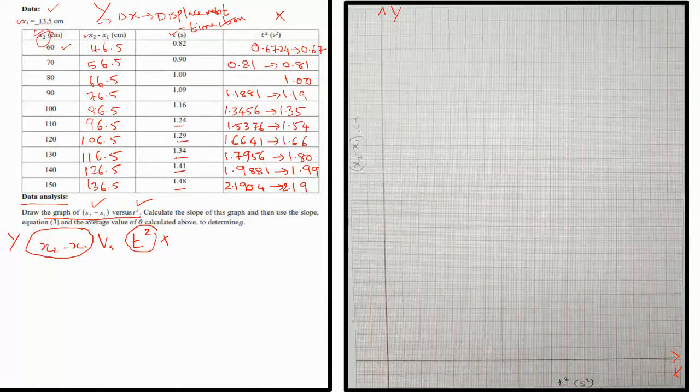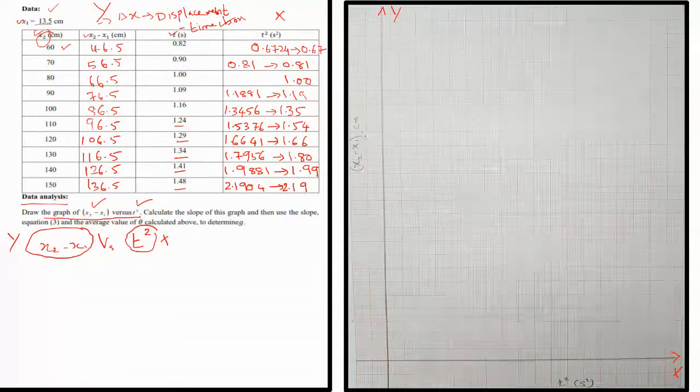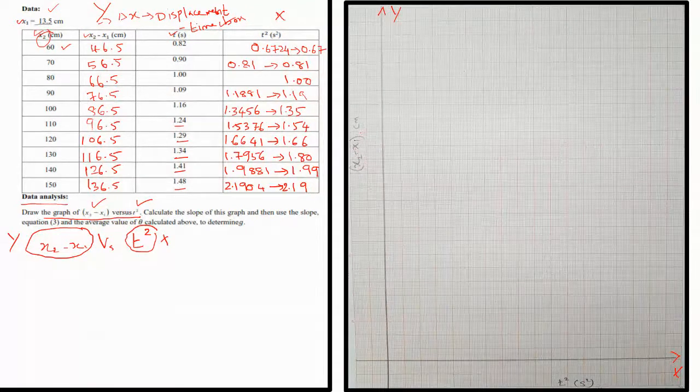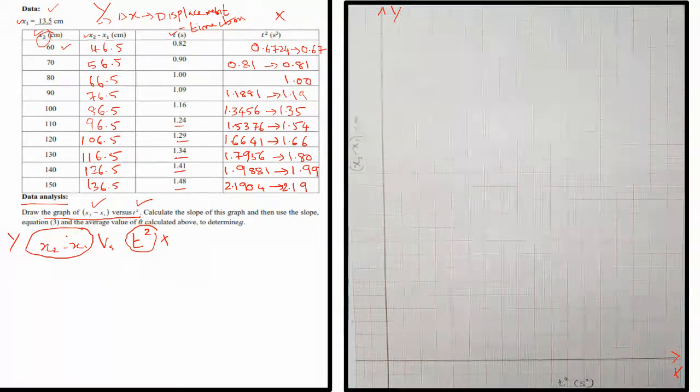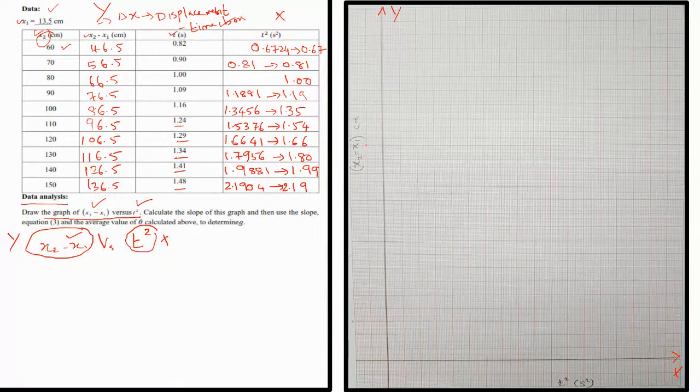In the y-axis we took x2 minus x1, because that information is already given here. So I have to write x2 minus x1, and the unit for x2 minus x1 here is centimeter. You have to write these two pieces of information.